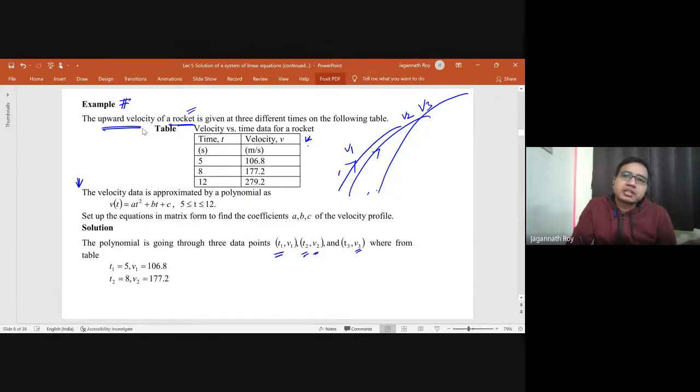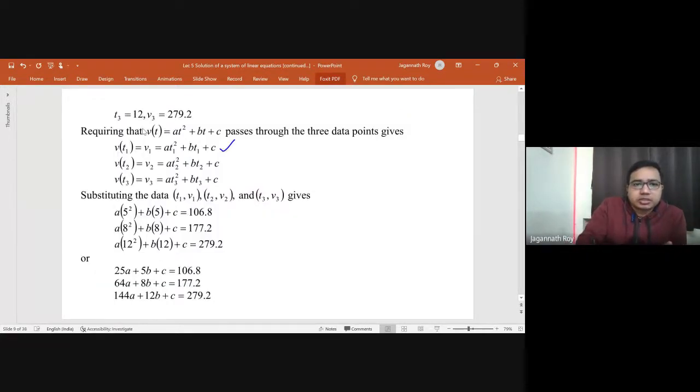Maybe you will study it in the fourth semester, or if not fourth, then in the third semester. For t1 we have this velocity, for t2 we have this. So this table gives t1, t2, t3. Depending on that, you will get 3 equations and 3 variables.